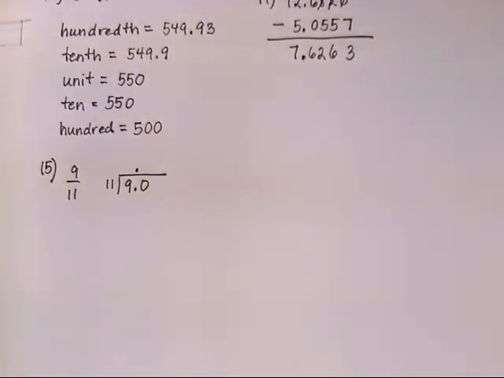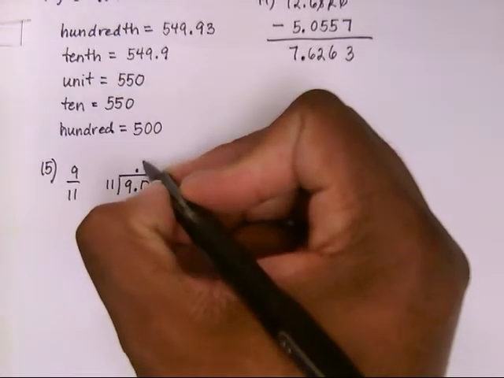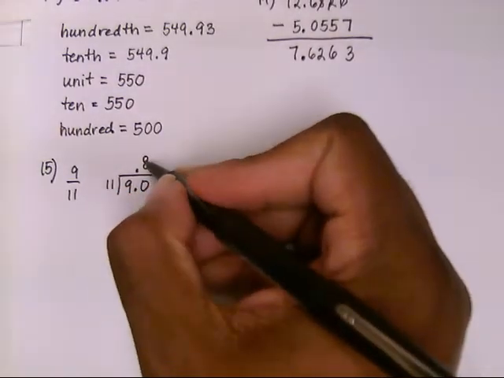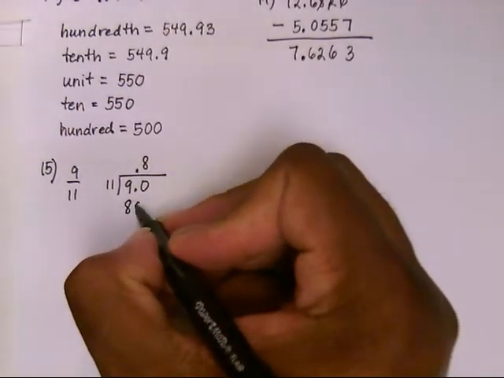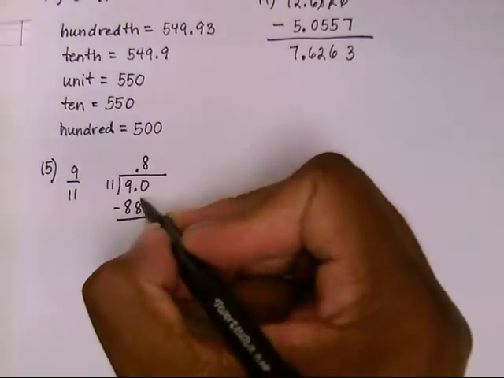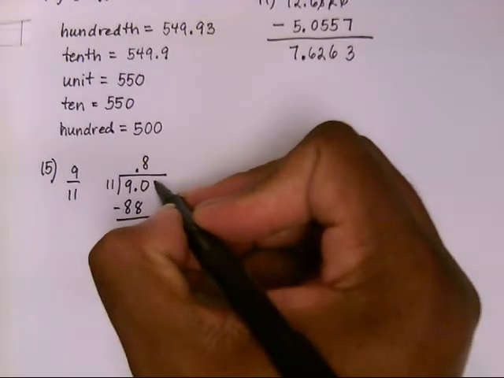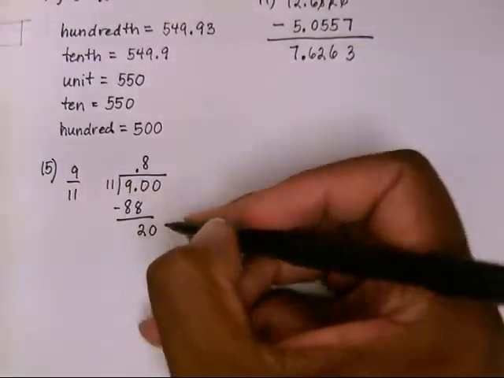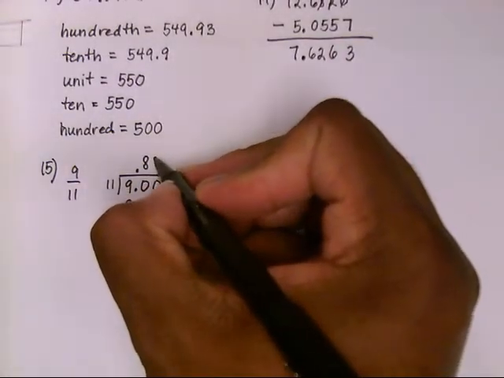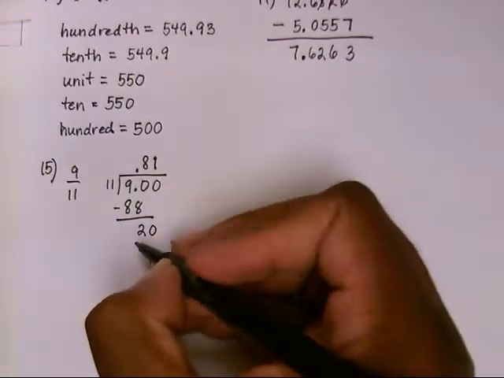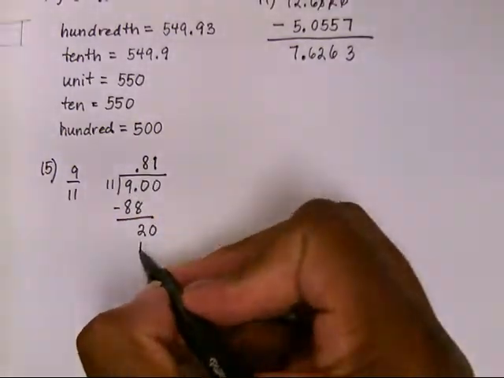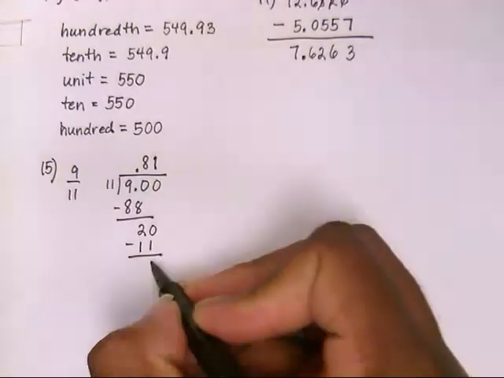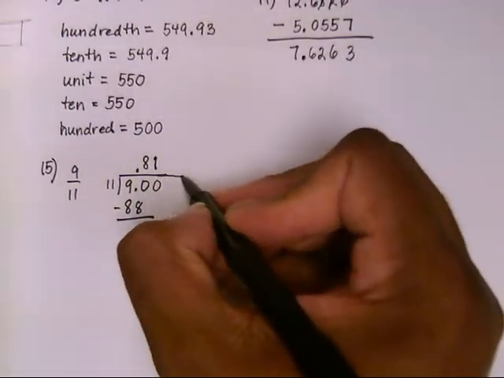And now I'm going to divide 11 into 9. That's going to go 8 times. 8 times 11 will be 88. Subtract 88 from 90, you're going to get 2. Add another 0 and bring this down. 11 goes into 20 one time. 1 times 11 will be 11. 11 from 20, you'll get 9.